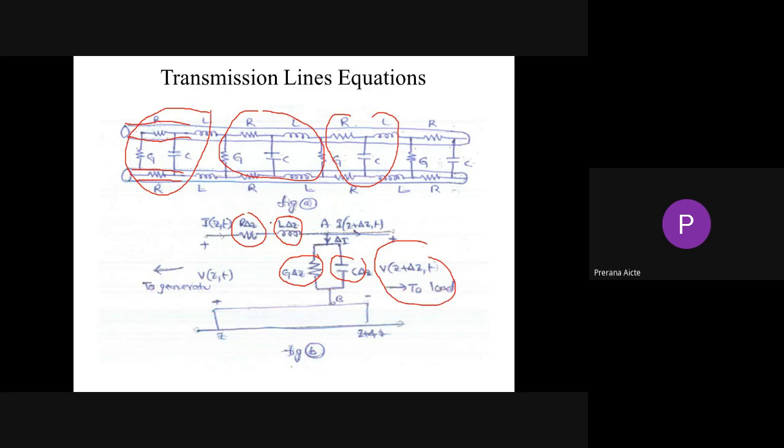Okay, so this del of Z is nothing but a difference, minute values.